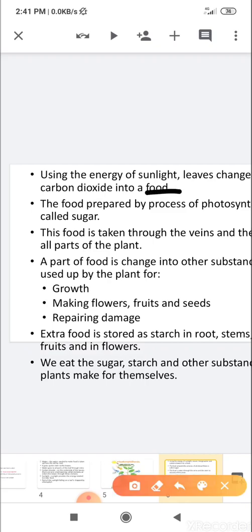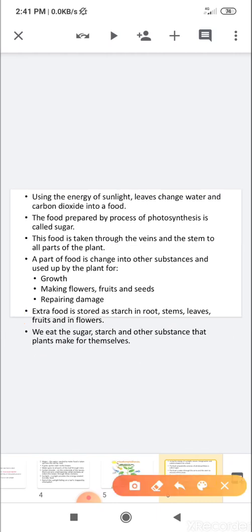The food prepared by the process of photosynthesis is called sugar.